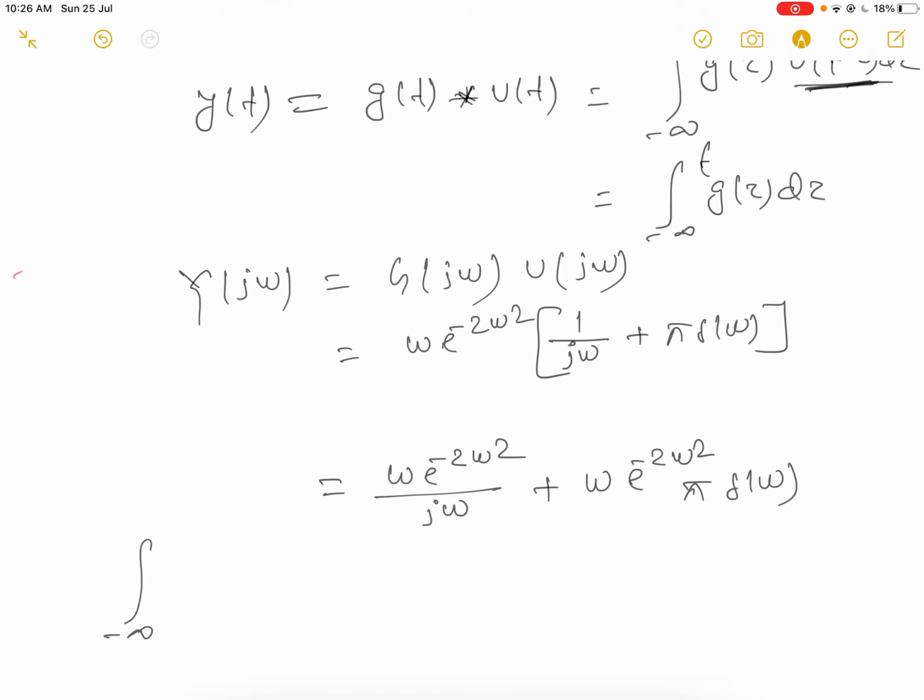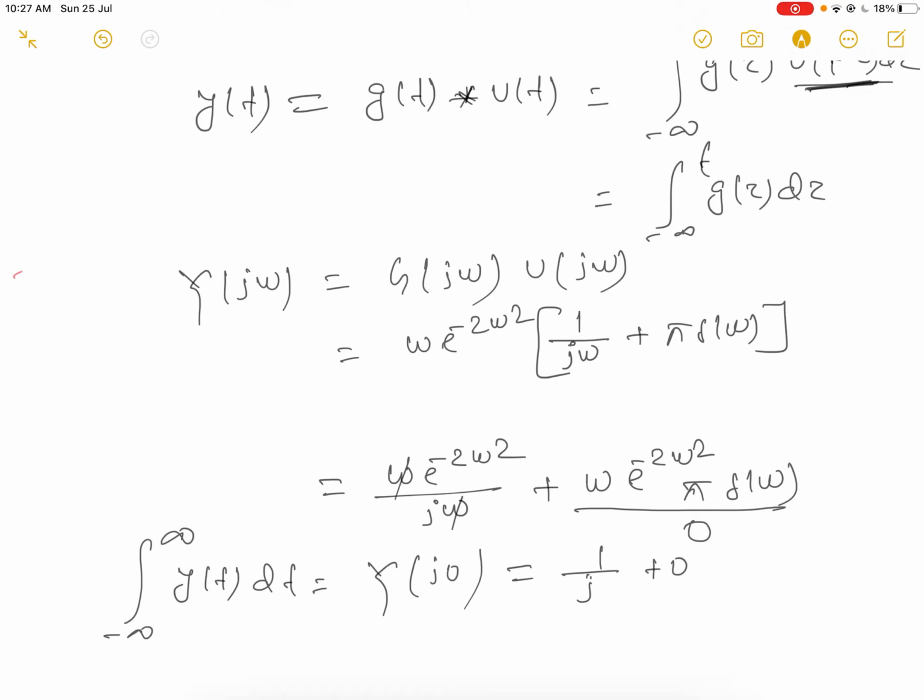Now, integral from minus infinity to infinity of y(t) dt is equal to Y(0). Put omega equal to 0, then how much will we get? When you put omega equal to 0, this term will be 0. And here it cancels out, so here we will get 1 by j plus 0.